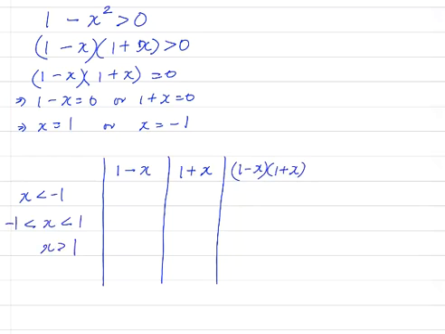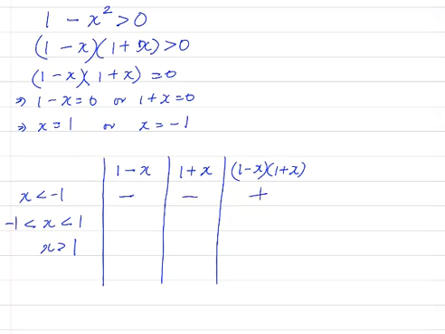Alright, when x is less than minus 1, for example, if x is minus 2, 1 minus x would be negative, and 1 plus x, remember x is, for example, minus 2, would still be negative. A negative times a negative is a positive, which is greater than 0.